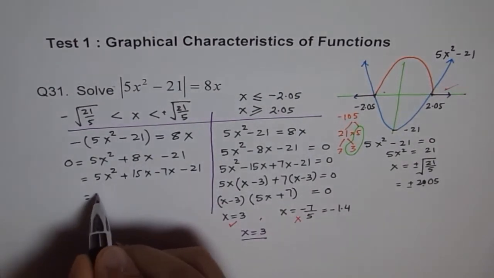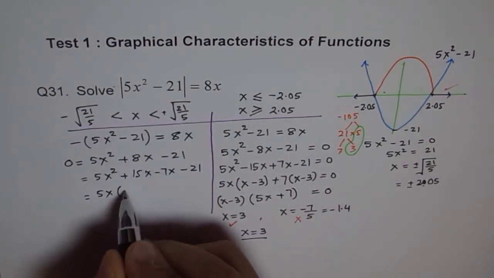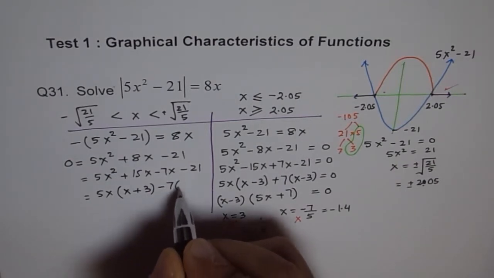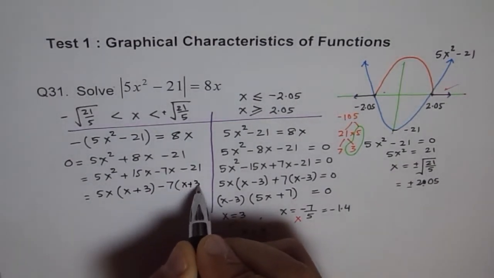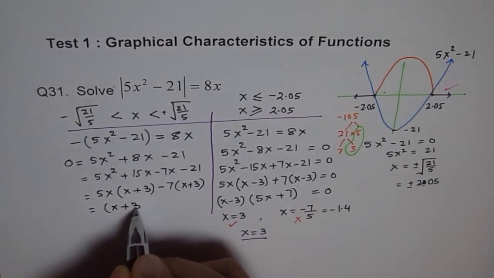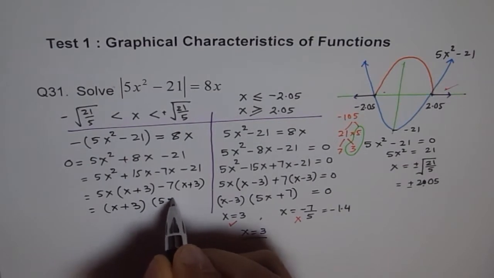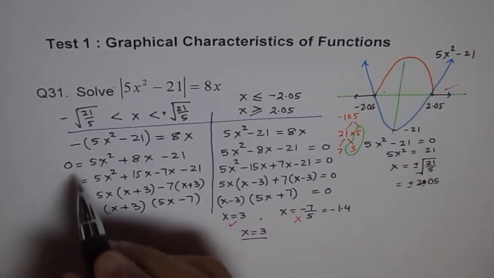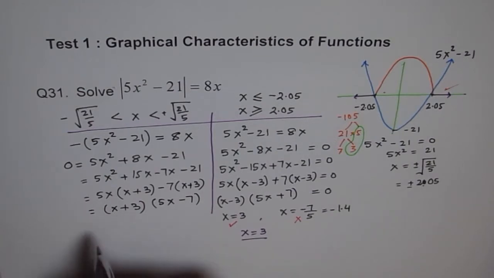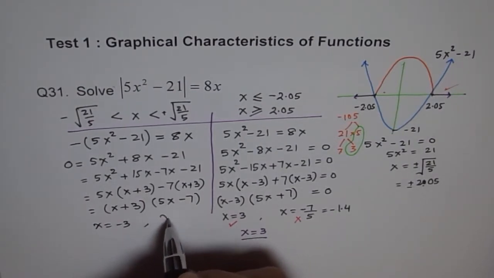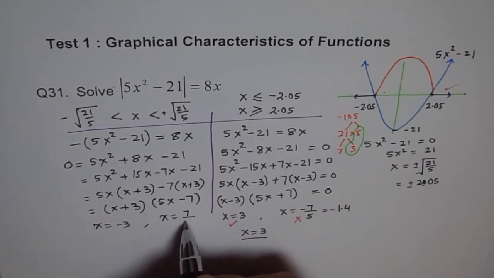And this I can factor out 5x, and I get x plus 3 minus 7 and x plus 3 here also, correct? And then I can take x plus 3 common, and I'm left with 5x minus 7, correct? So here 0 equals this, so the solution is that we get x equals minus 3 or x equals 7 over 5.